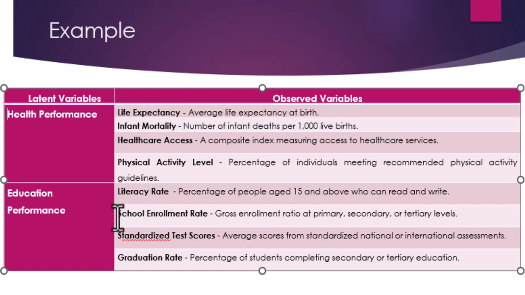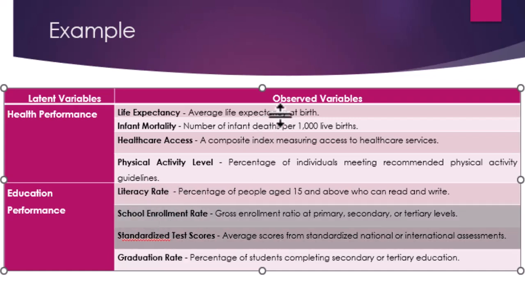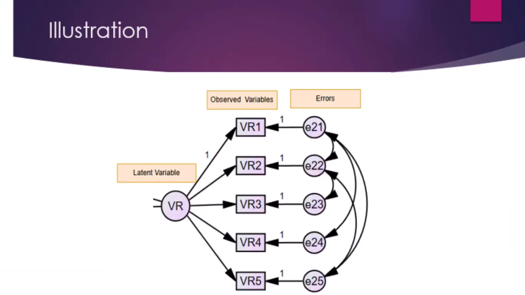And another one is school enrollment rate. You can also tell the standardized test scores and the graduation rate. These you can measure, so they become observed variables because they can be measured. When you combine the 4 of them, you can tell the education performance, which is our latent variable.